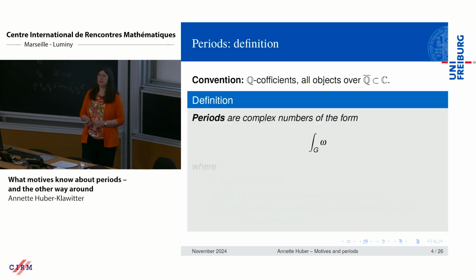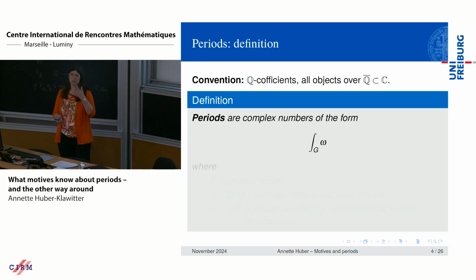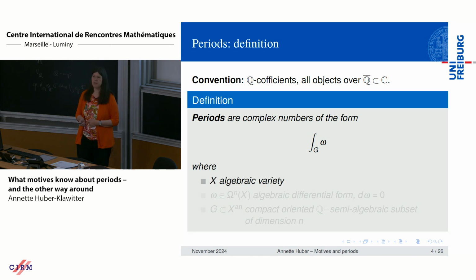So periods are numbers, complex numbers that you get by integrating things over other things. And the point of the definition is that both omega and G should be algebraic or arithmetic. So X is an algebraic variety by my convention. This means it's an algebraic variety over Q bar. So it's doubly algebraic.